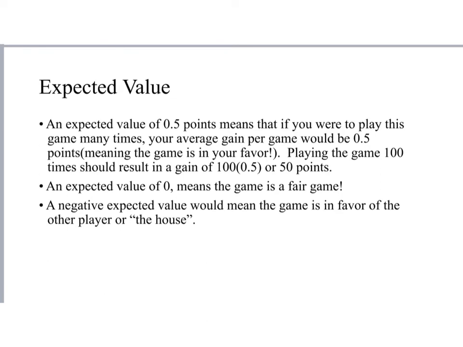Once again, an expected value of 0.5 points means that if you played this game many times, your average gain per game would be 0.5 points. Playing the game 100 times should result in a gain of about 100 times 0.5, or 50 points.